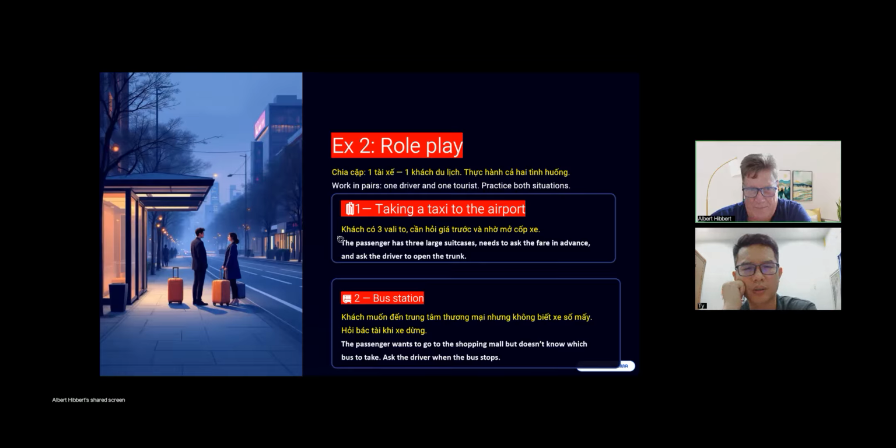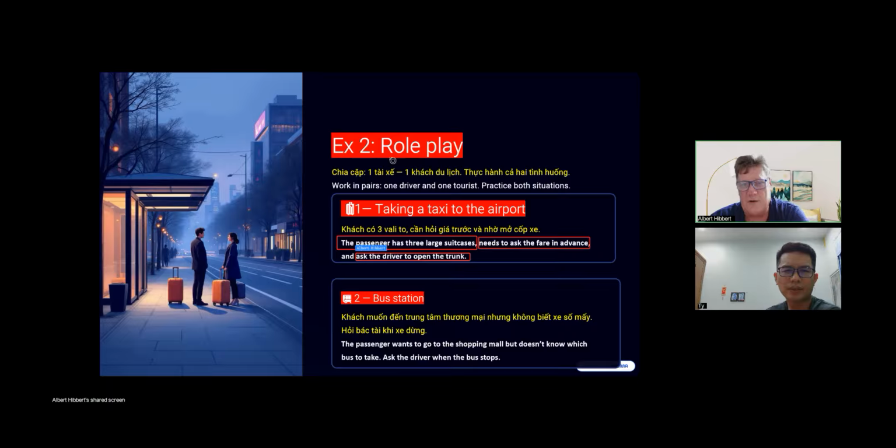Right? Now the passenger, you are the passenger, has 3 large suitcases. You need to ask for the fare in advance, and you must ask the driver to open the trunk. And remember, what is the first question that you must ask before you can get into the taxi?